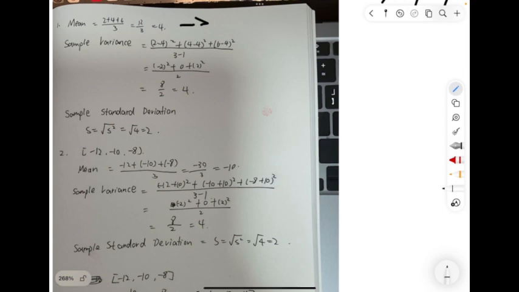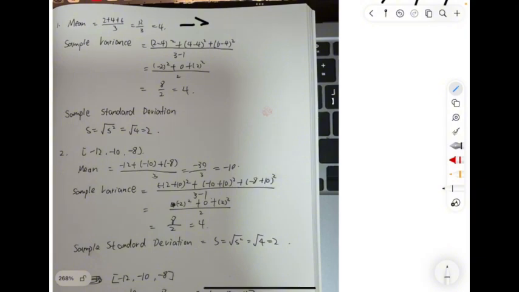Hi, for the first question, we calculate the mean, sample variance, and sample standard deviation from this data: 2, 4, 6. The mean we calculate as 2 plus 4 plus 6 divided by 3, and the answer is 4.